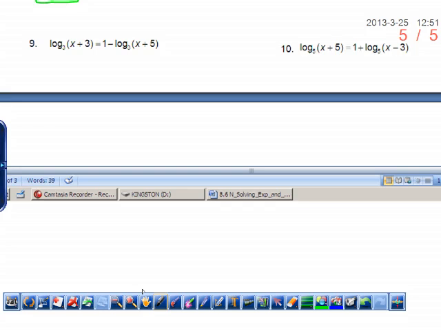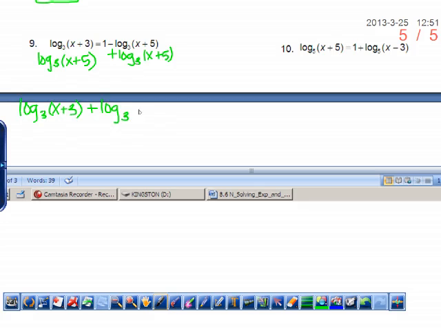Well, we can fix that. What could we do? Yeah, just add log base 3 of x plus 5 to both sides. So now our problem is log base 3 of x plus 3 plus log base 3 of x plus 5 is equal to 1. Can we solve that?